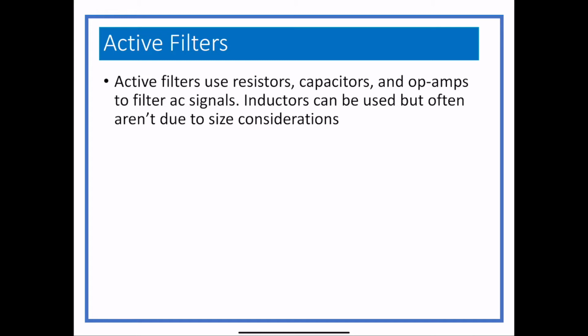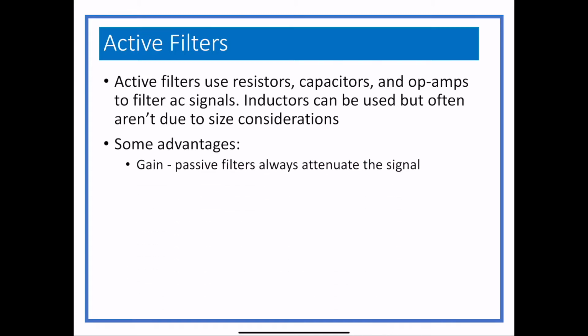So the nice thing about active filters, first of all, in a normal passive filter, you basically are creating a complex voltage divider. You're creating a voltage divider that changes with frequency because the impedance of the capacitor changes. So you always lose signal.